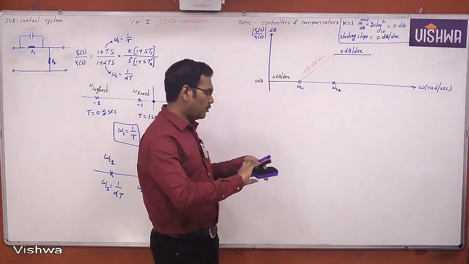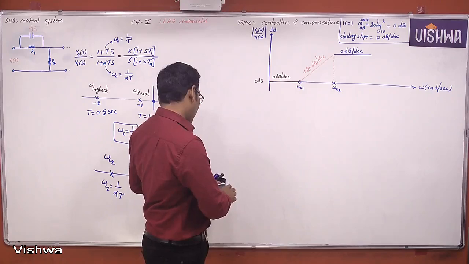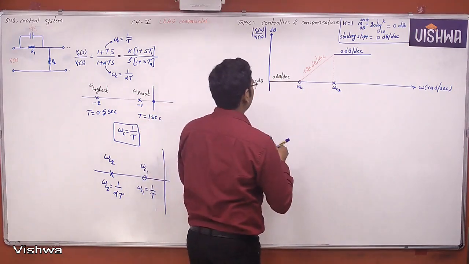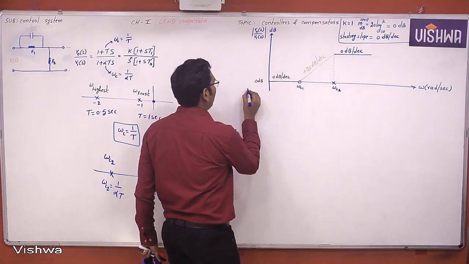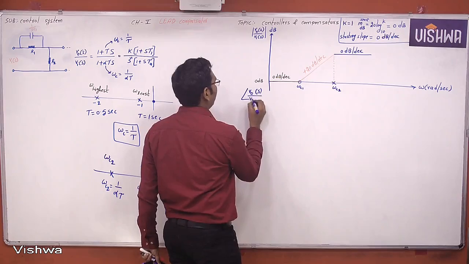Now this is the Bode magnitude plot. It is very easy to draw the Bode phase plot once the magnitude plot is available with us. Now the phase angle in terms of degrees.